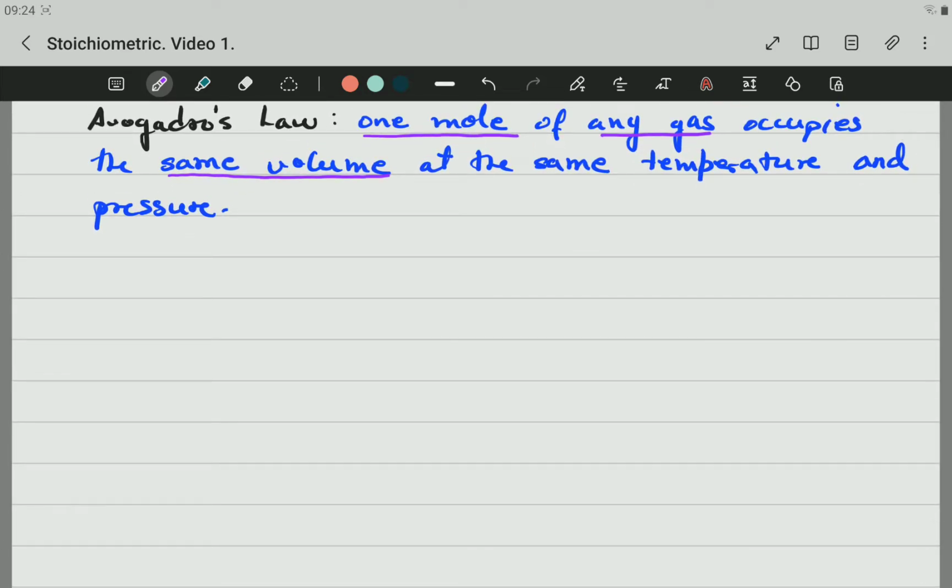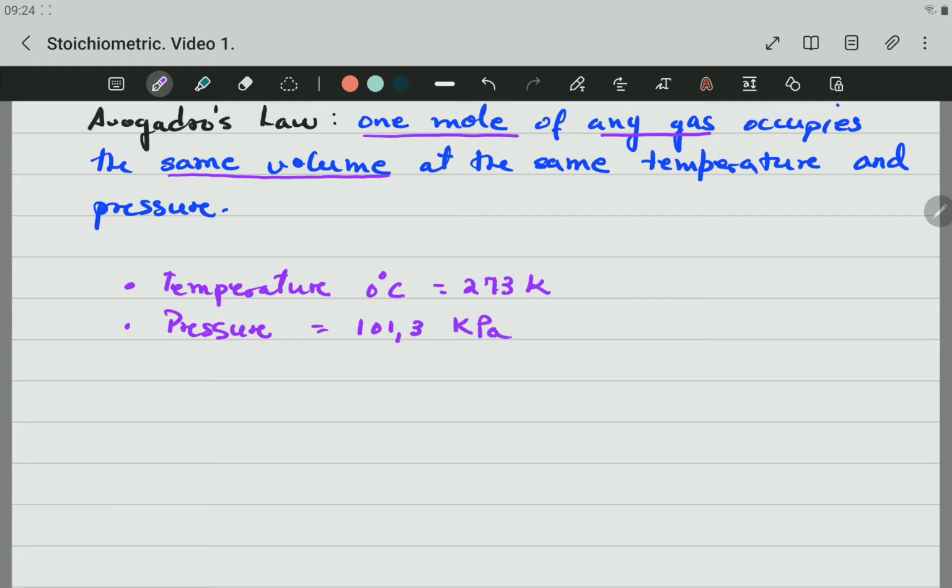Now, if the temperature is 0 degrees Celsius, which is equivalent to 273 Kelvin, and the pressure is equal to 101.3 kilopascals, we say that this is called STP.